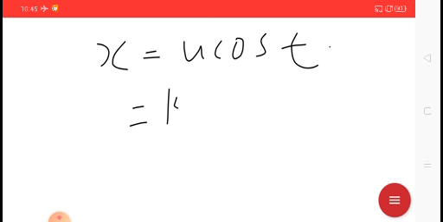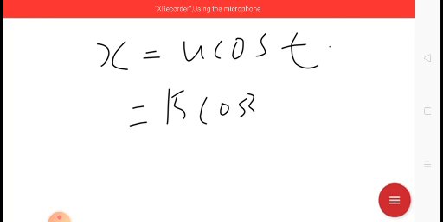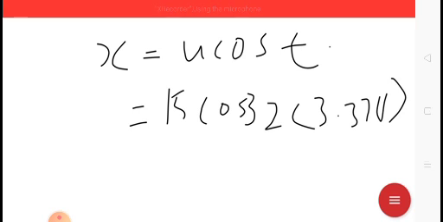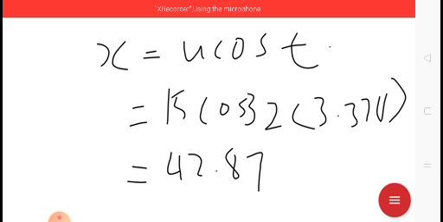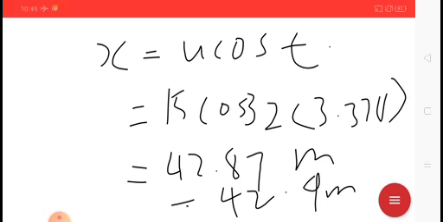So u is 15, cos 32, multiplied by 3.370, the time. If you can get the exact value from the beginning, you should get the exact value. So the range traveled when it touches the ground will be 42.87 meter. In the final answer you may get 42.9 meter. So this is for question 3.